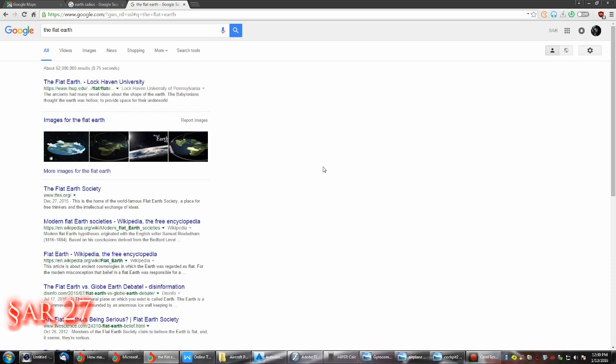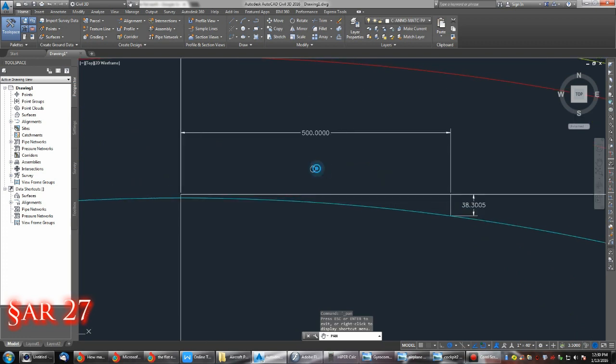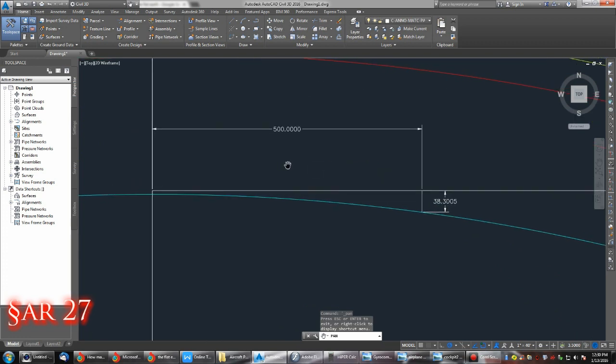So we have thousands and thousands of people who can actually put this to the test and say, I'm going to shut this guy up, and show them that we do compensate for the curve. You will have to do it the right way, without an autopilot. Travel 30 miles without autopilot and see what happens. Does the altitude change? And we can see here that 500 miles, that's it.